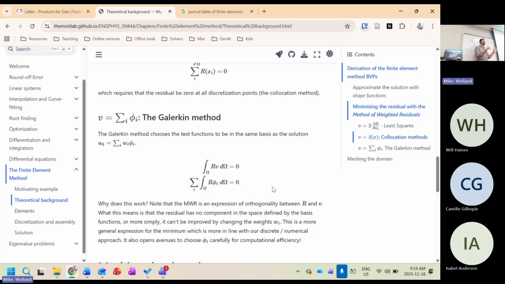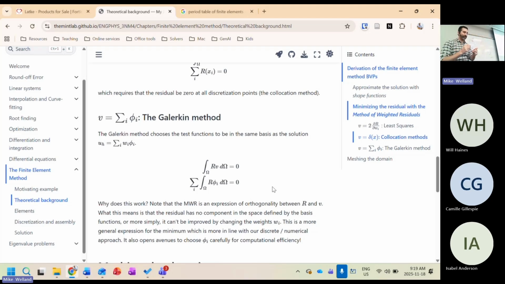Same way with coordinates, right? If your coordinates are orthogonal, y and x, right? And you're looking for some point. If your coordinates are orthogonal, once you're over here, you can't change this anymore by moving it. If you're not orthogonal, then maybe you move it over here a little bit, maybe you move it over there. You have to do the whole thing all together. The whole nice thing about orthogonality is that you don't have to worry about that.